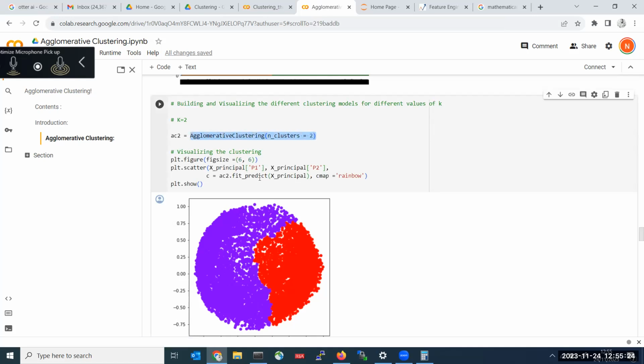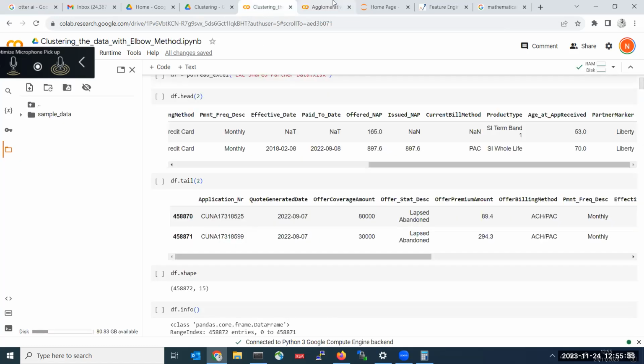Whenever we use this fit, it is treated as model training. This is a simple thing. I didn't mention it clearly earlier, but in this clustering project I have mentioned it clearly. If you see, the dataset size is 4,58,000 and the number of columns is 15.